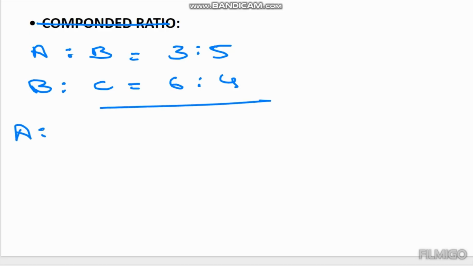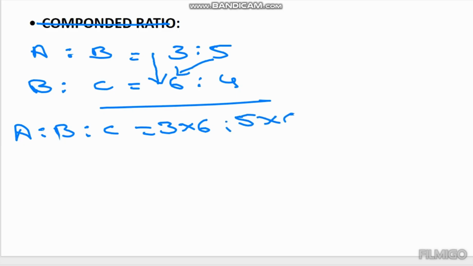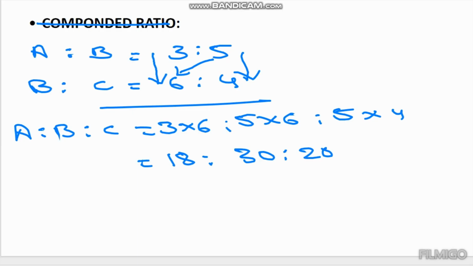So the ratio of A is to B is to C can be written as 3 into 6 is to 5 into 6 is to 5 into 4, equal to 18 is to 30 is to 20. Let us go more.